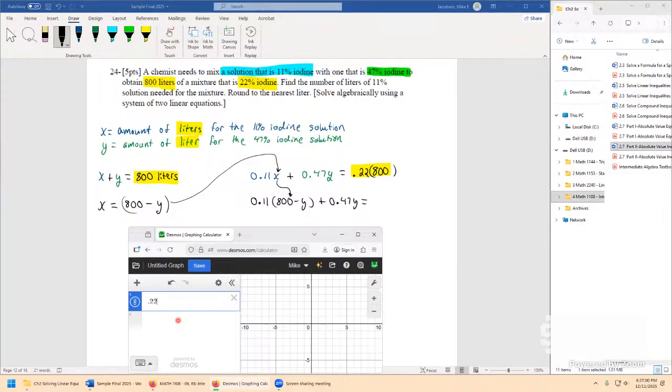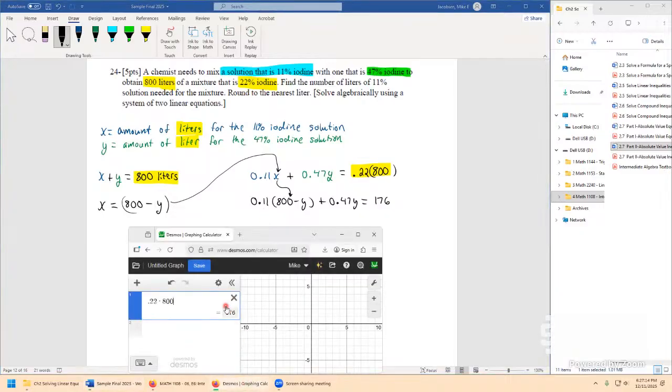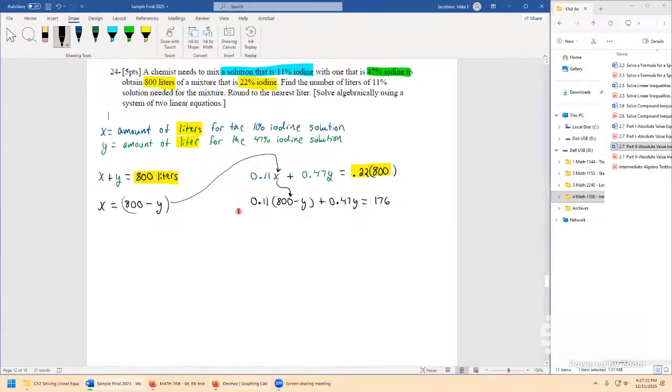0.22 times 800 is 176, which means 176 liters of pure iodine. Next, 0.11 times 800 comes out as 88. So when we multiply here to here, we have 88 minus 0.11y plus 0.47y equals 176.